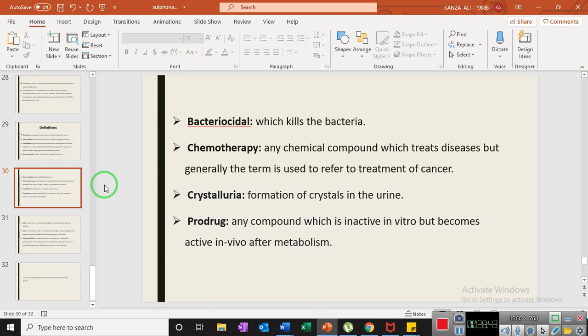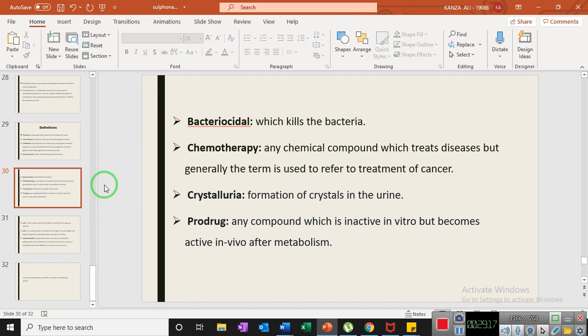In blood we have got the hemoglobin, and anemia means without hemoglobin, although it is not entirely without hemoglobin, but the level of hemoglobin is less in the blood. That condition is termed as anemia. So that should be noted, crystalluria.